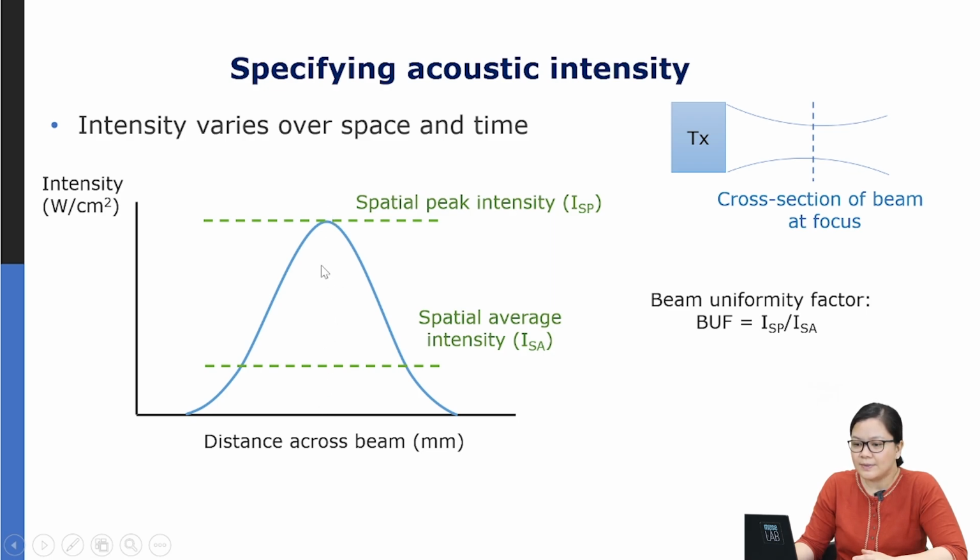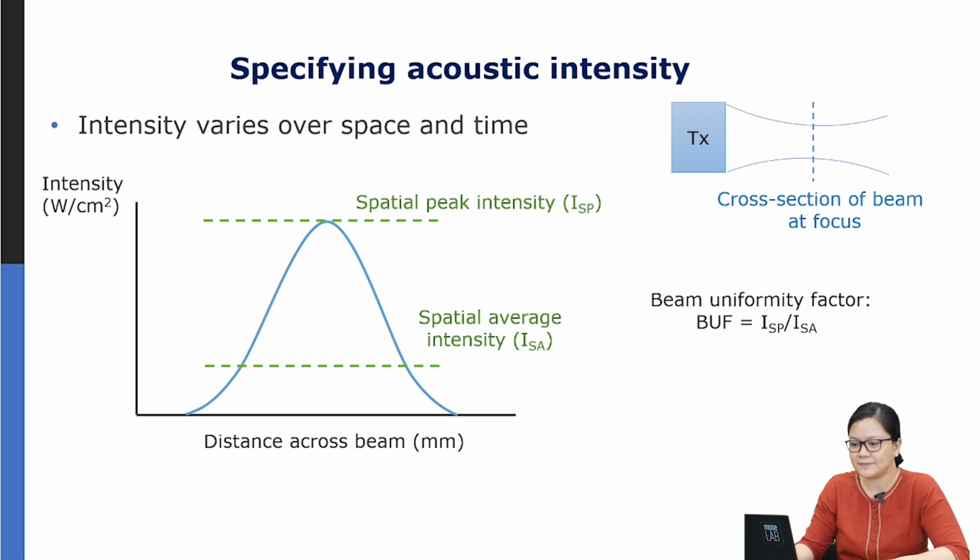There are two metrics you can calculate. You can calculate the spatial peak intensity right here, which is the intensity at the peak of the beam. You can also calculate the spatial average intensity, which averages the intensity according to the cross-sectional area of the beam here.